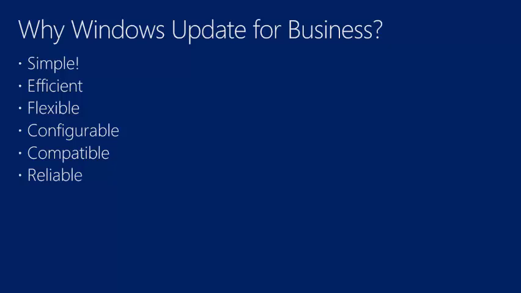Very configurable. So one concern about going to Windows Update for Business might be that you would lose the kind of controls that you're accustomed to having in a scenario like ConfigMgr. But you really don't. Yeah, I mean, there are some differences, yes, but you have a significant amount of control available with Windows Update for Business, as you will see.